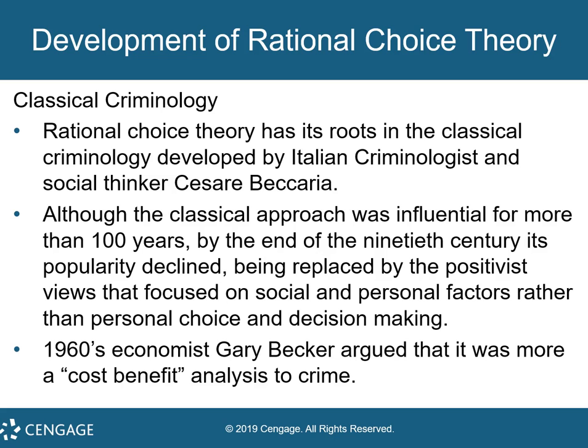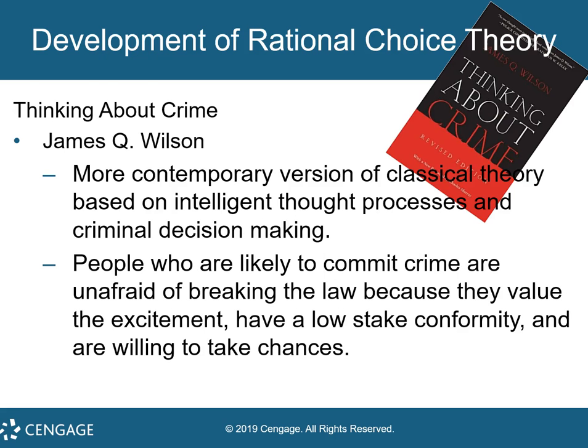The prevailing view was that crime was not a matter of choice, but more the byproduct of destructive personal and social conditions and influences. Rather than controlling their behavior, people were at the mercy of their upbringing and their environment. So, some interesting thoughts as we look at this.